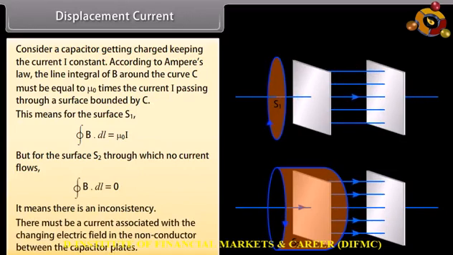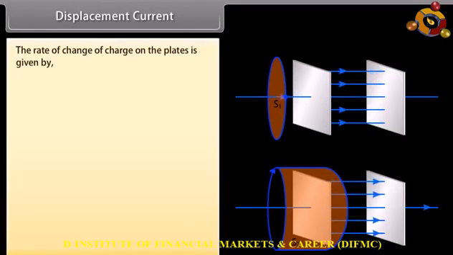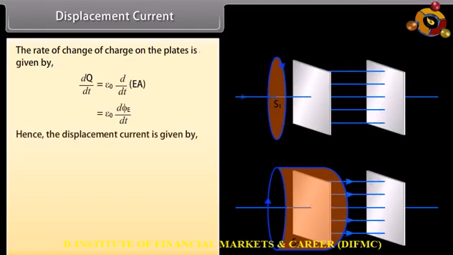There must be a current associated with the changing electric field in the non-conductor between the capacitor plates. The rate of change of charge on the plates is given by epsilon naught d upon dt of EA, which is equal to epsilon naught d phi E by dt. Hence, the displacement current is given by I_D is equal to epsilon naught d phi E by dt.